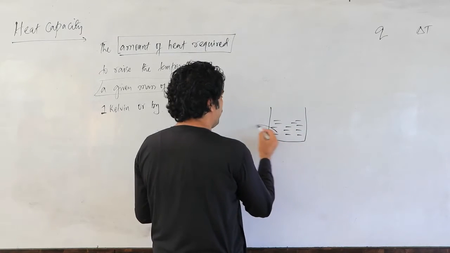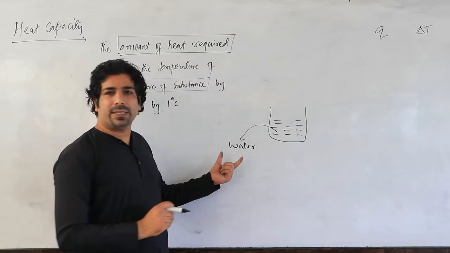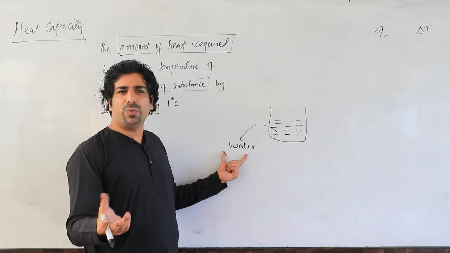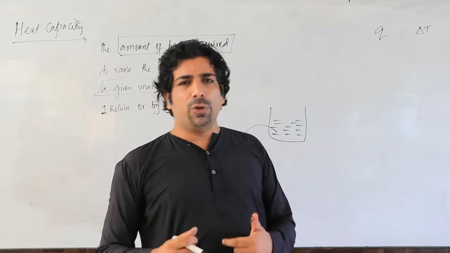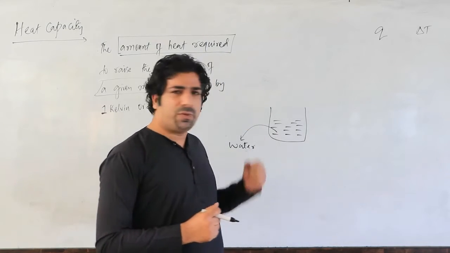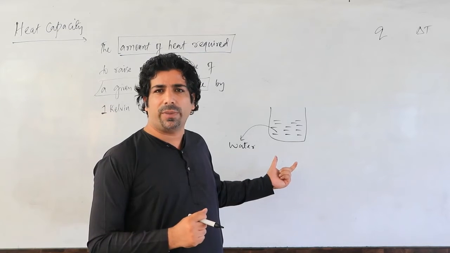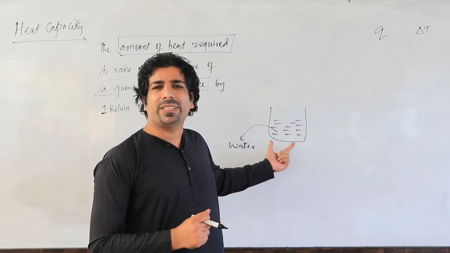The mass of water will be given to you. They can give you, in terms of volume, 1 liter of water, 2 liters, 3 liters. But in terms of mass, let us suppose we have 1000 grams of water, or we may have 10 grams of water.